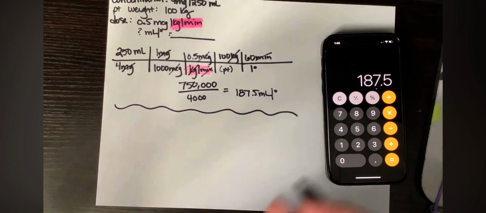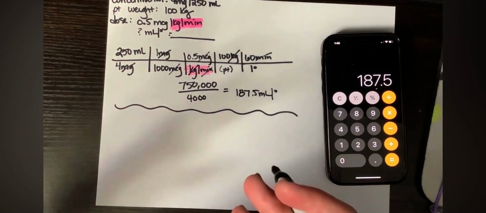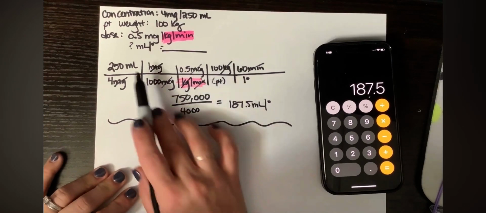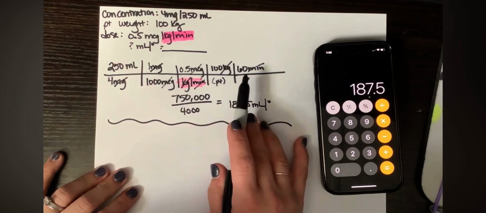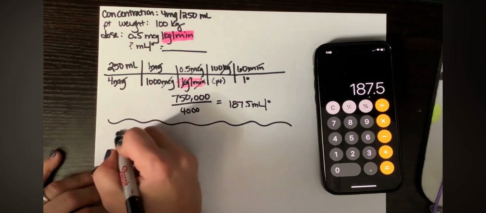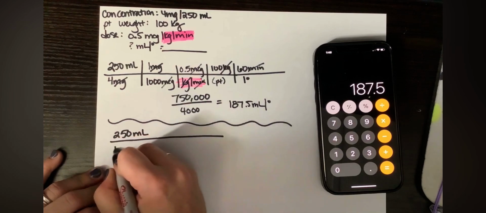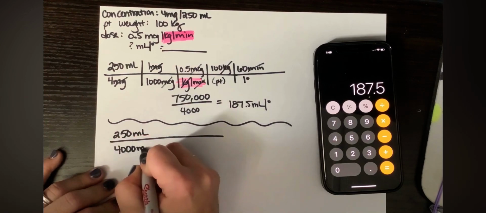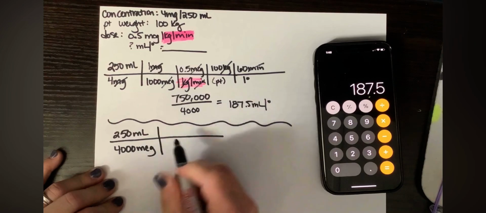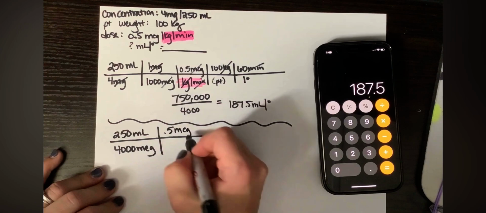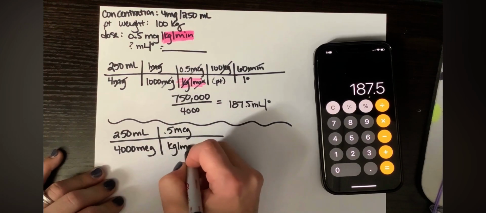Some people know their conversions pretty well. If you get confused, I would recommend writing it out long ways like I just did, but you could easily do 250 mLs is 4,000 micrograms, and then we need 0.5 micrograms per kilogram per minute.